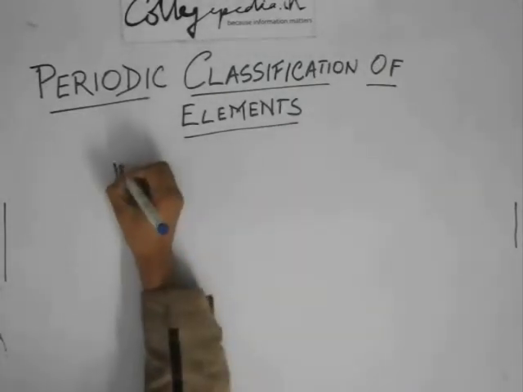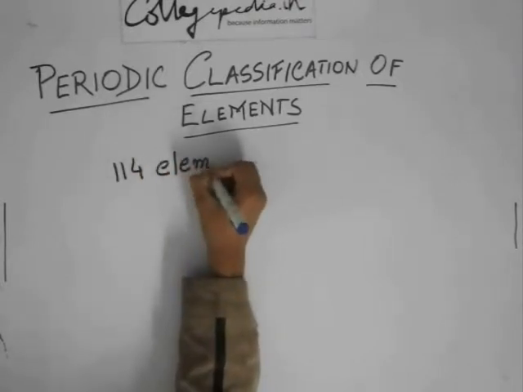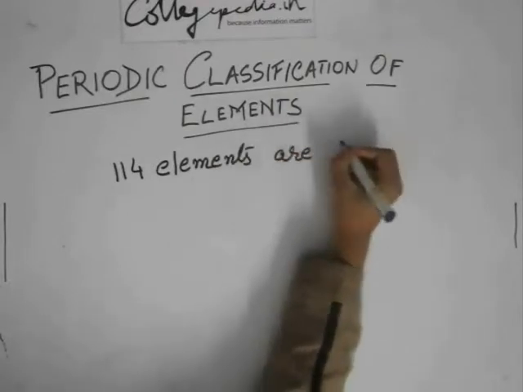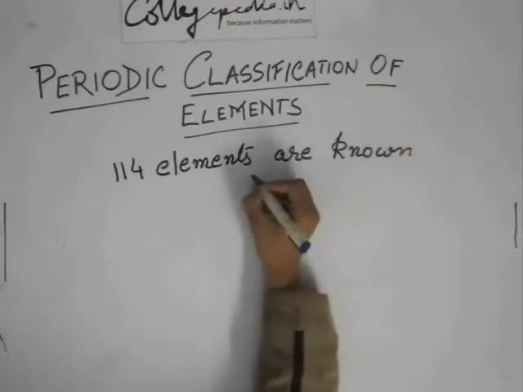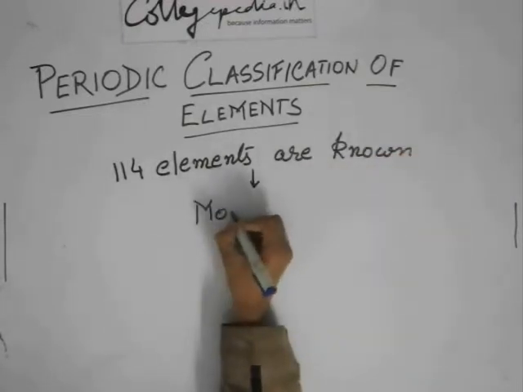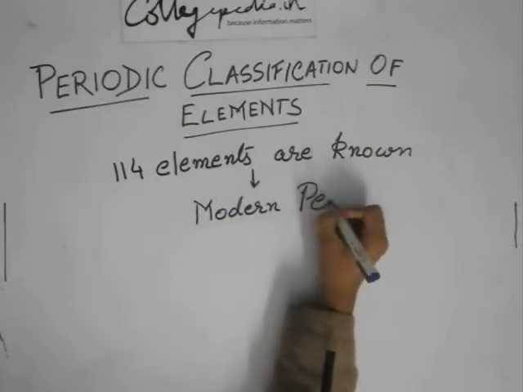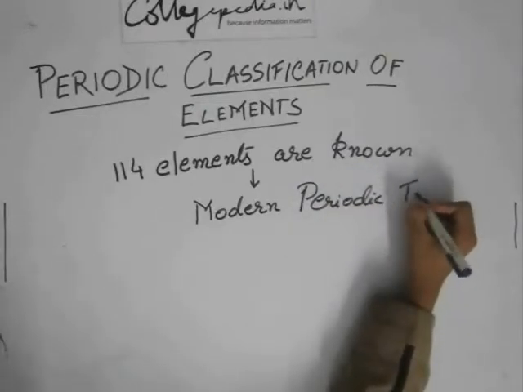Now at present, 114 elements are known, and they are classified under the modern periodic table.